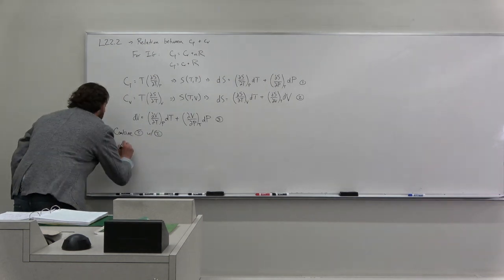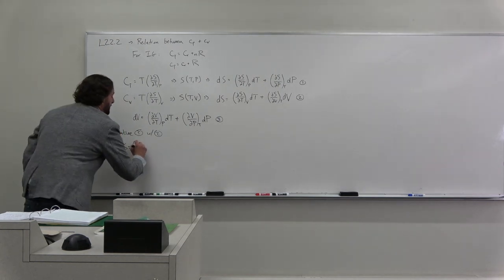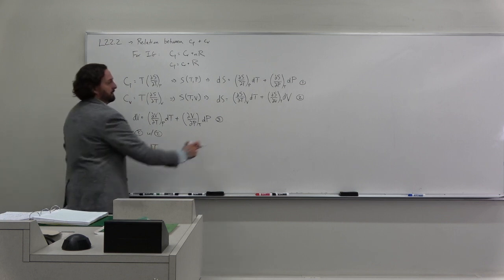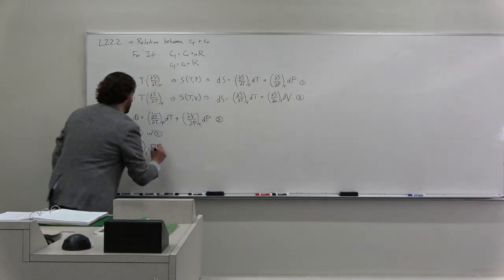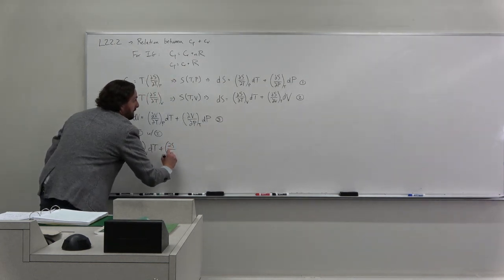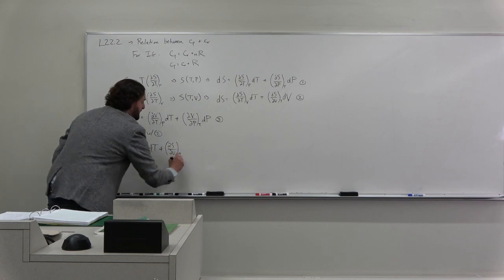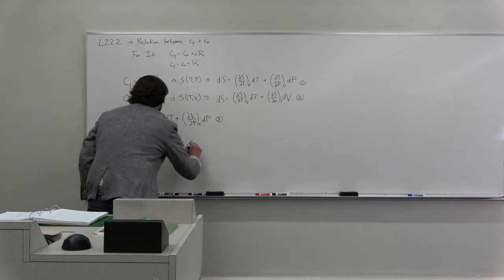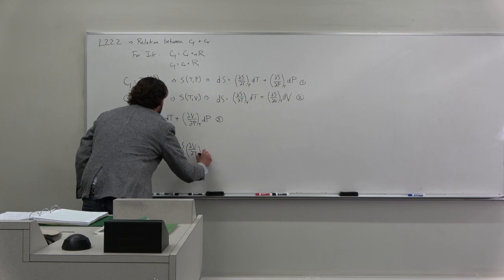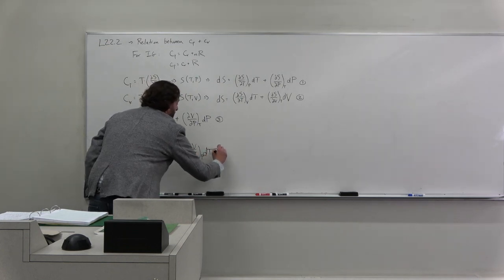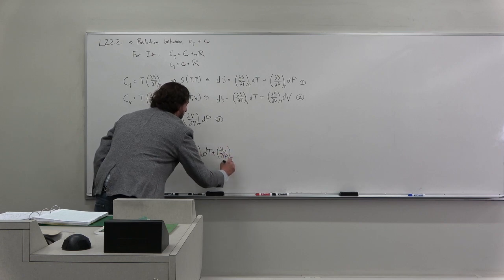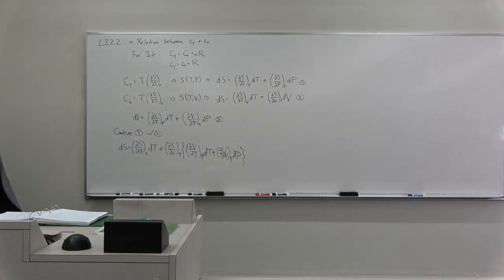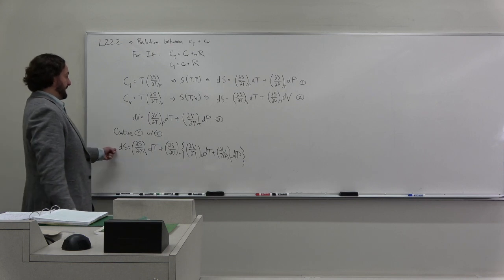So you get dS is partial S, partial T, constant V, dT, plus partial S, partial V at constant T times partial V, partial T at constant p, dT, plus partial V, partial p, constant T, dp. Okay, so that's nice.